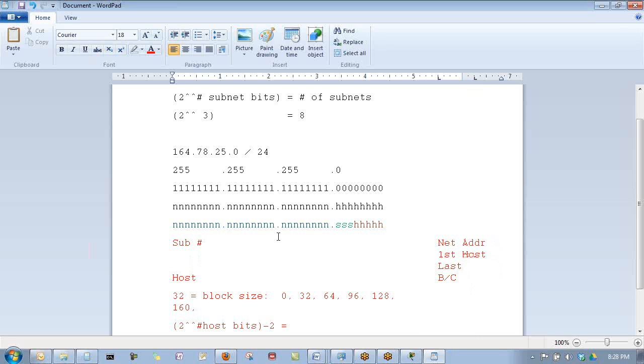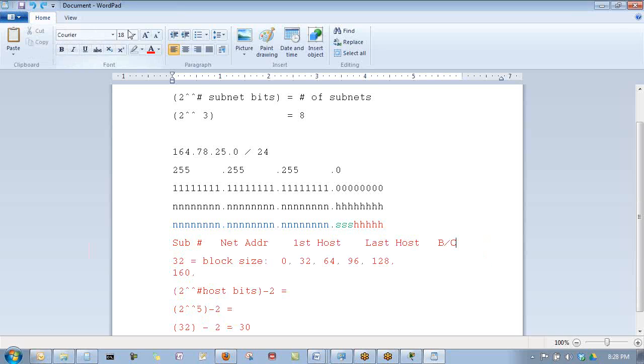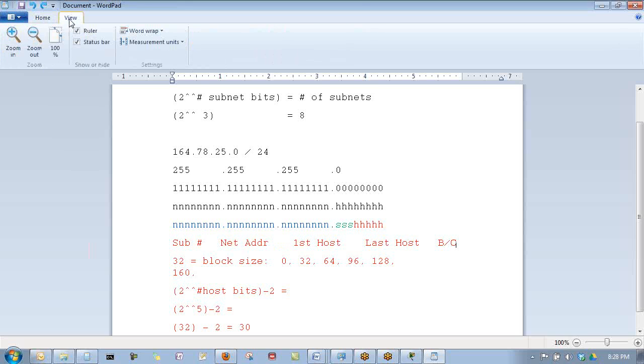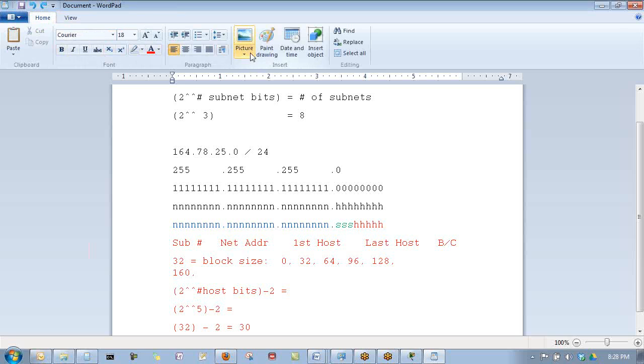What happened was I moved some of my columns.